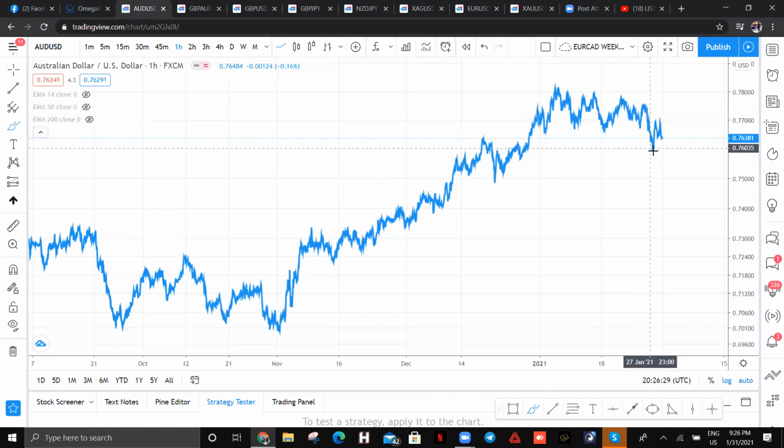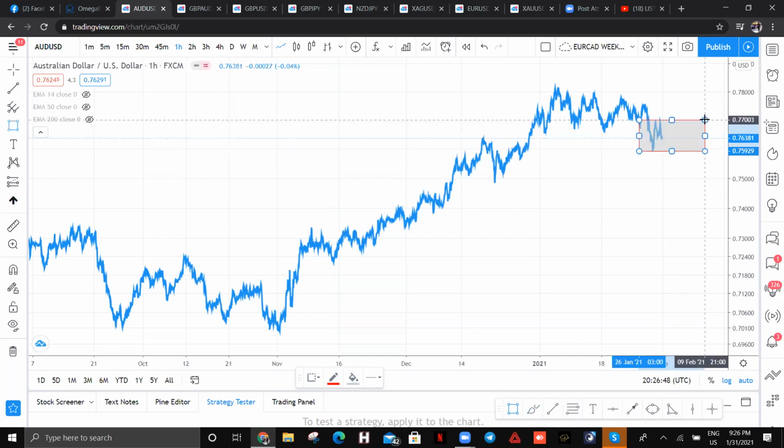This did an impulse move. This is a correction. So there's a possibility that it will come down, or there's a possibility that it will go up. So what you are going to do now is pick your horizontal, your rectangular box, and draw from the beginning of the pullback to the starting of the pullback. Then you stretch it.